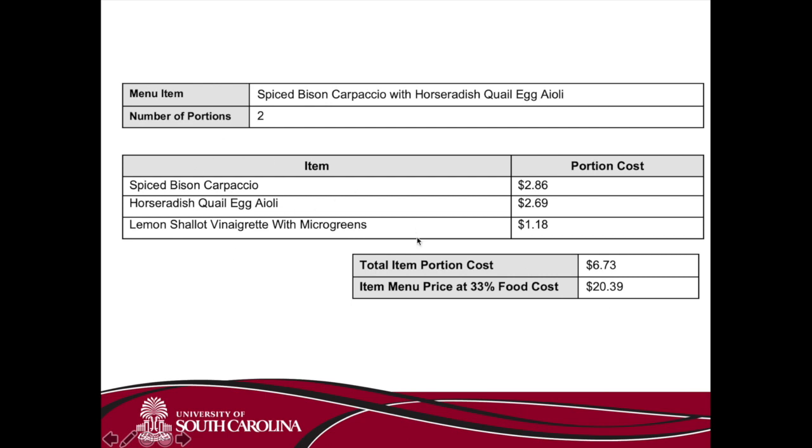So this is how we would figure if we have multiple things on the plate. You can imagine this being a cheeseburger, French fries, and a drink. You know, price of the cheeseburger, price of the French fries, price of the drink, total portion cost, and then you come up with your menu cost. Same exact thing, okay?